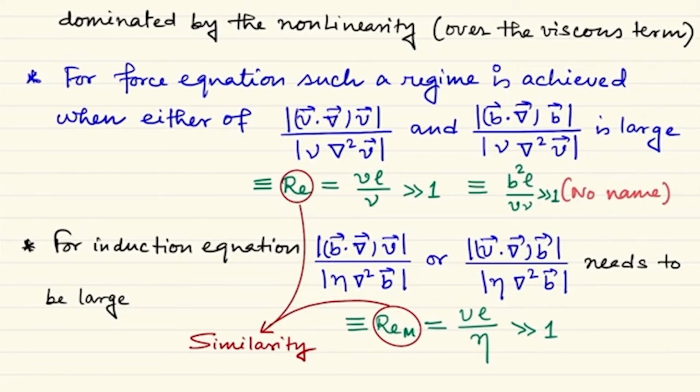So by smartly choosing the velocity and the coefficient of viscosity, you can change the large scale dimension of the flow field, and the basic properties of the flow field will not be different.